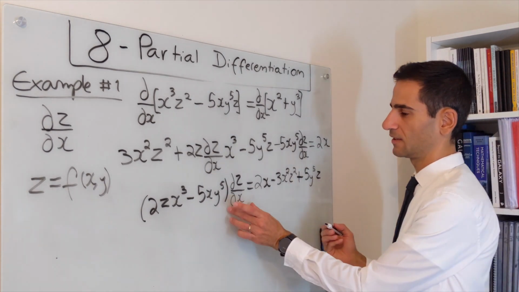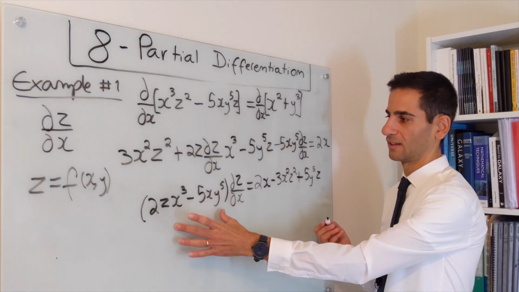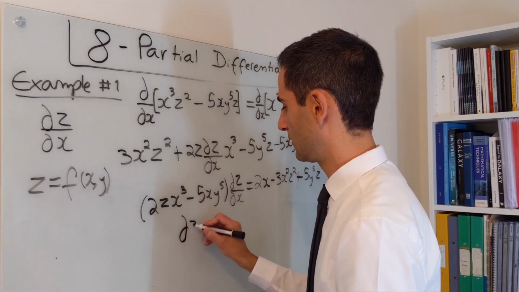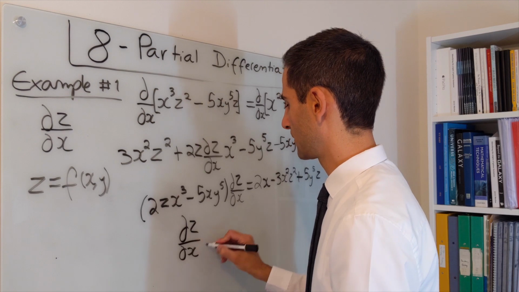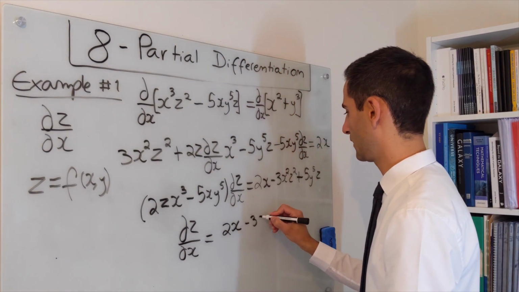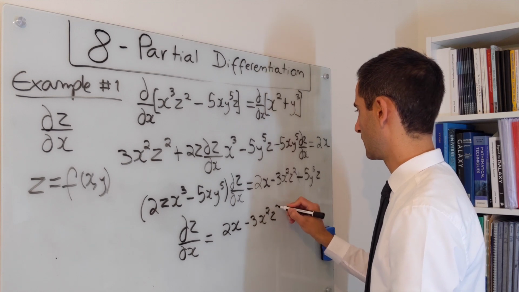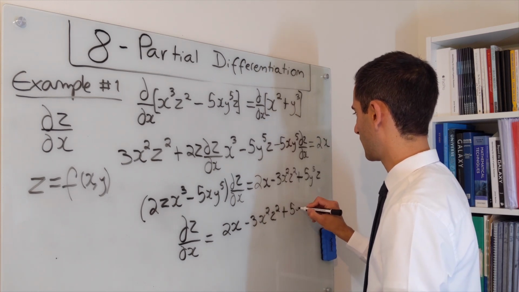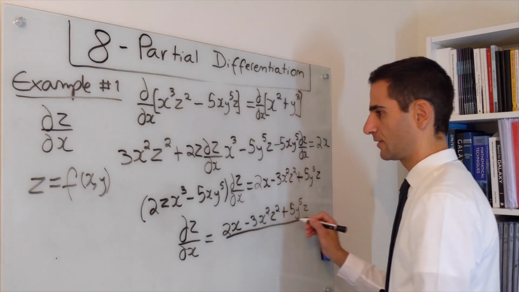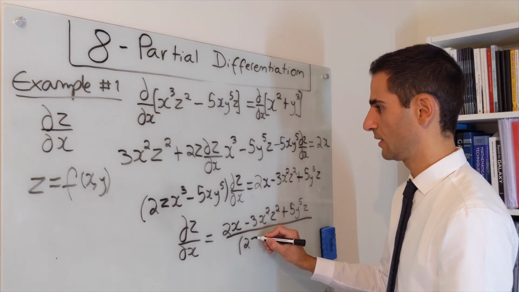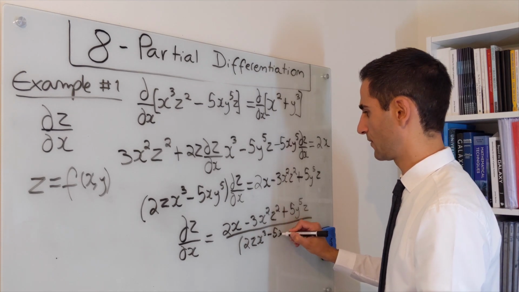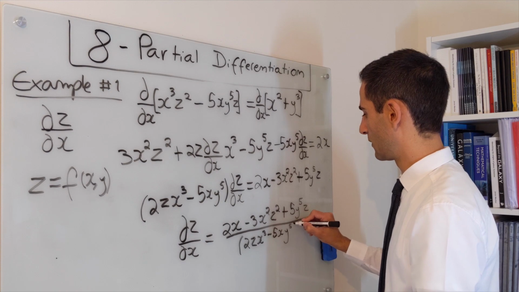And finally, we can solve for dz dx by taking this to the other side by dividing, which implies that dz dx is equal to 2x minus 3 x squared z squared plus 5y to the power of 5 z, divided by 2z x to the power of 3 minus 5x y to the power of 5.